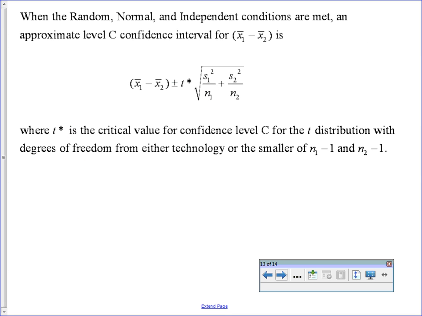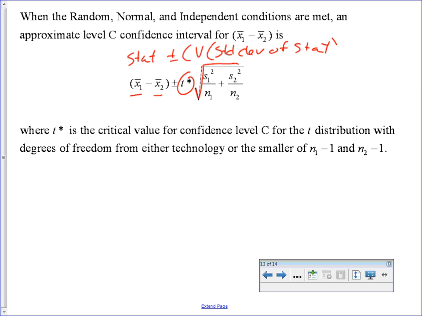So your confidence interval is going to be x bar 1 minus x bar 2 plus or minus t star and then the formula for standard deviation of the stat. And this is the same thing as we've always done, which is stat plus or minus critical value times standard deviation of stat.